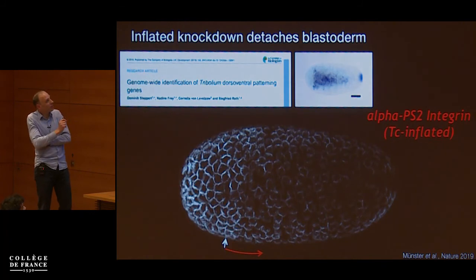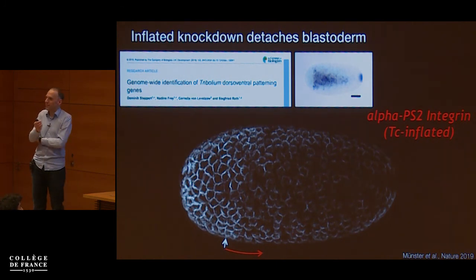But most importantly, this is again in collaboration with Pavel's lab, and Pavel has been working on Drosophila and also Tribolium gene expression patterns. And this is a study from the Roth lab where they've looked at all kinds of genes, gene products that have particular locations inside an embryo, and they found one that has exactly the right distribution to be perhaps anchoring at this site.